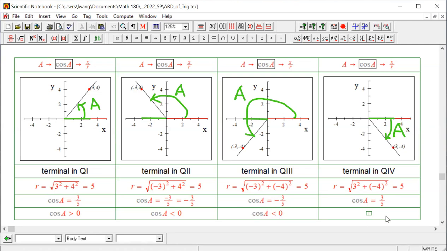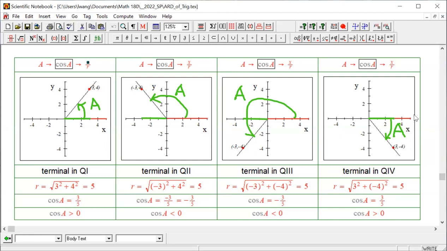In the fourth quadrant, cosine A is positive. So you can see the sign of cosine is determined by the horizontal coordinate x.